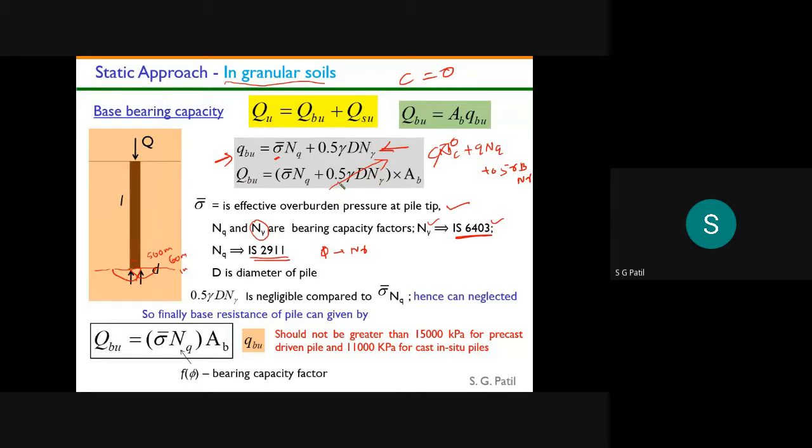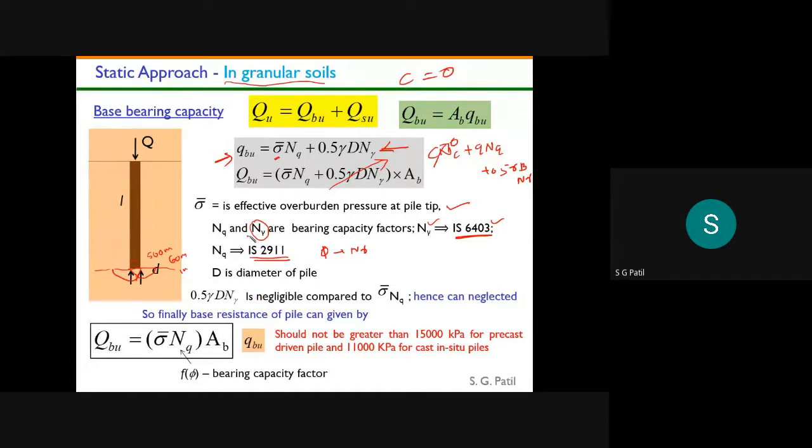For the time being, we will neglect it. If they exclusively mention to solve the problem by IS 2911, then you can consider it. Even if you neglect it, it's not going to differ much in your final answer, because the contribution of this term will be very small.